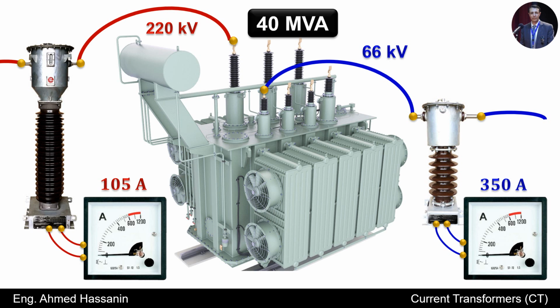Also, we put a current transformer on the secondary side and its voltage is the same as the line voltage that will be installed. So, we put a current transformer of 66 kilovolts. Then, the ammeters or measuring devices in general are connected to a secondary circuit of the current transformer with a low current value as shown in the picture.